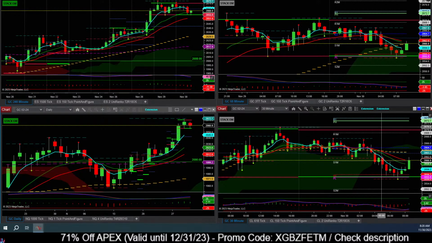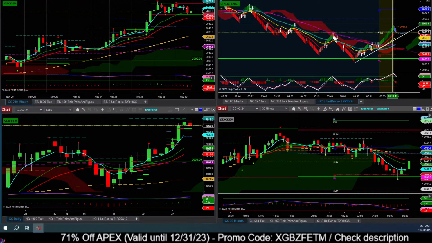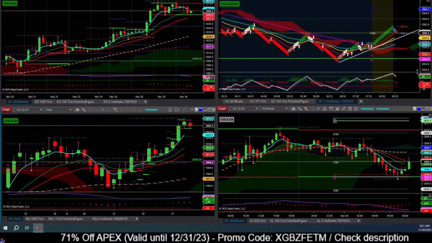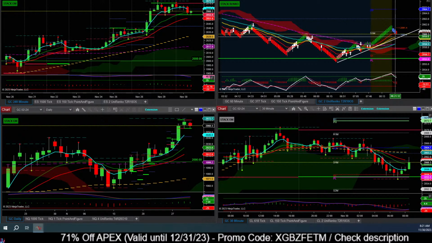So that's gold. Let's look at gold there. It's making a little bit of bounce down at the open, and we're a little bit extended in momentum as well. I'm looking at the open in gold right here.